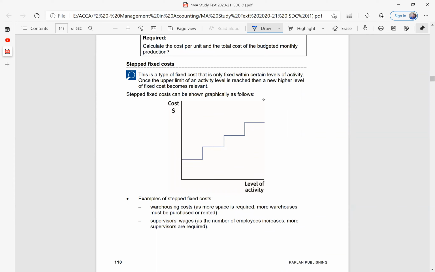So for the next 1,000 units, you don't have the money to buy the asset, so you're probably going to lease it.